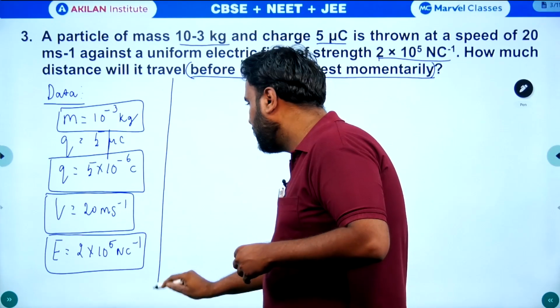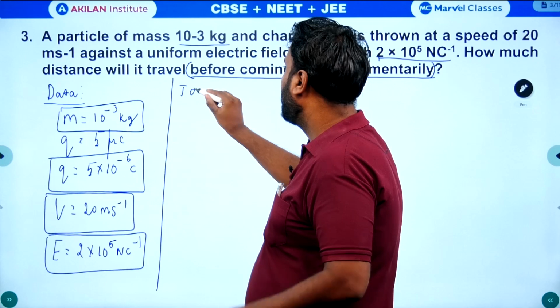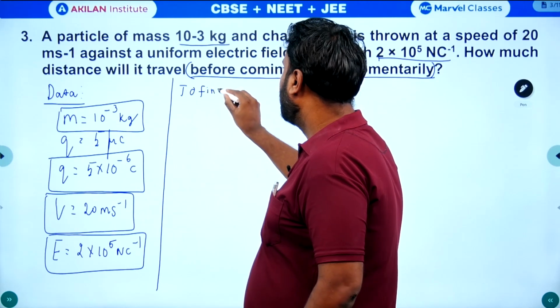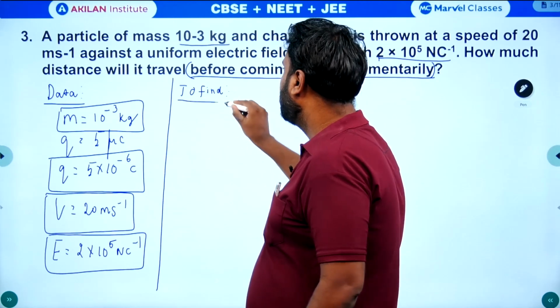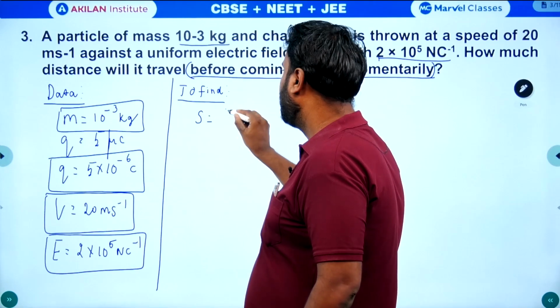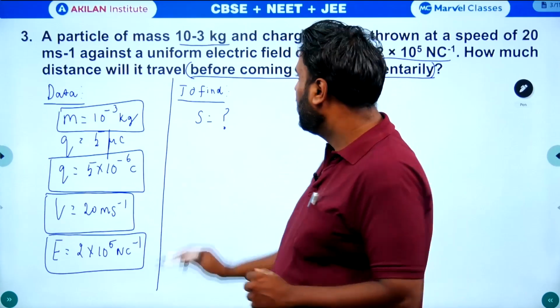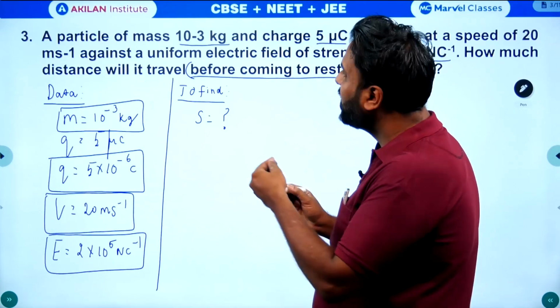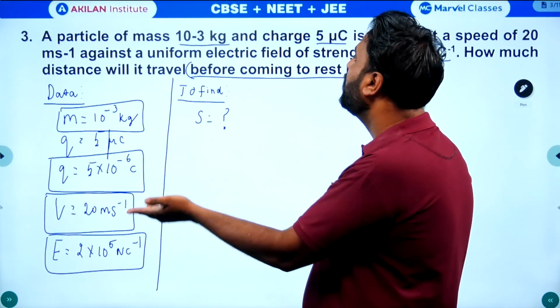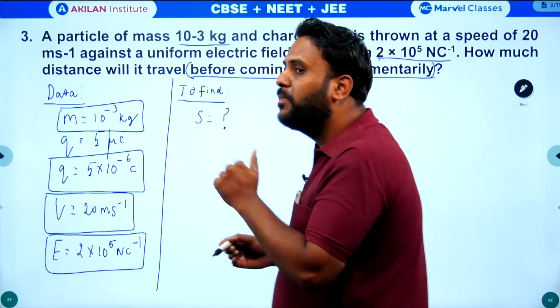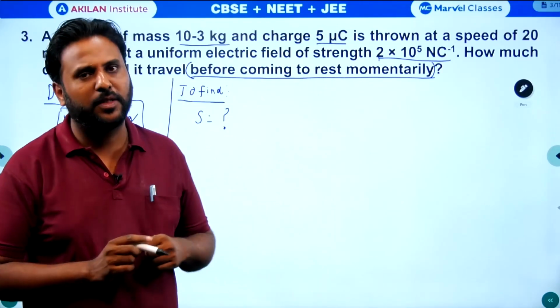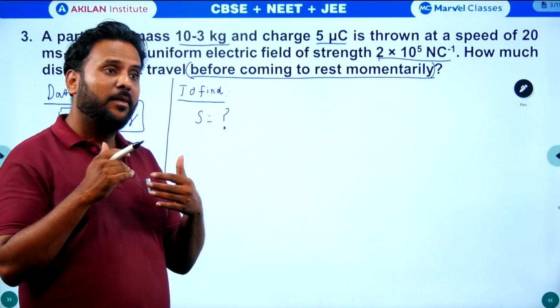To find, they are asking for distance, which is here S, or we can keep R. That is not a problem. How much distance will it travel before coming to rest? That is the important thing, you have to understand the question. The particle has to be before coming to rest.